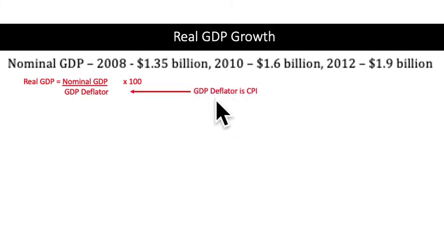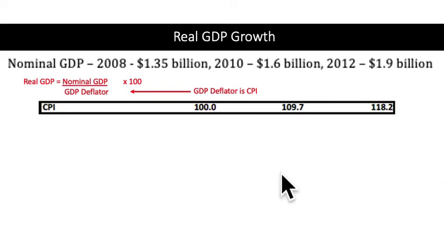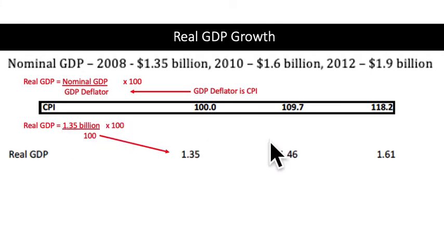The GDP deflator actually is the CPI. And so the CPI values that you calculated in the previous question are 100 for 2008, 109.7 for 2010, and 118.2 for 2012. And so using those values, we can calculate real GDP. Real GDP for 2008 is just going to be 1.35 billion, just as nominal GDP is, because 2008 is our base year.